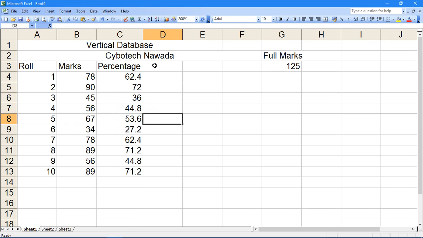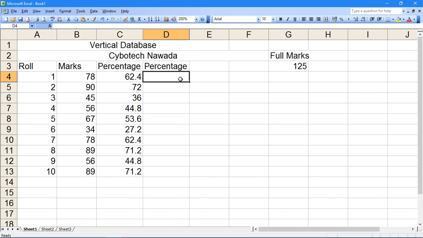There is another example. If we write equals B3 divided by G$3, why do we prefix the row number by the dollar symbol?